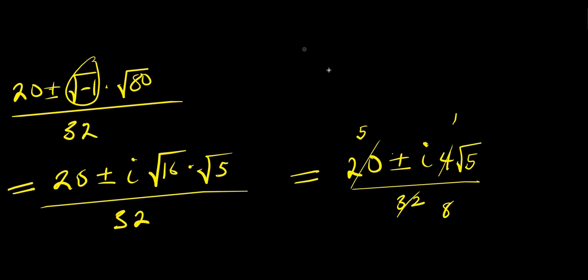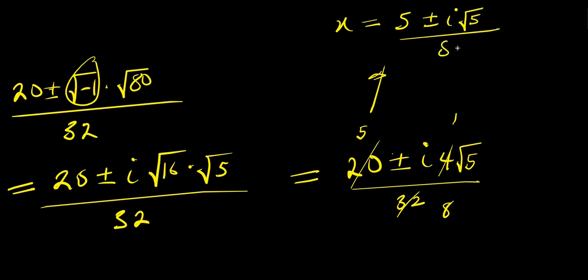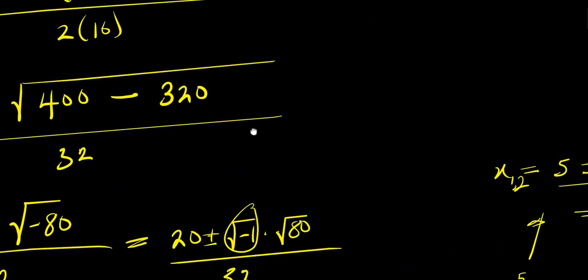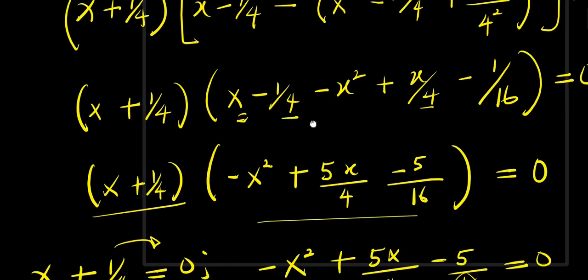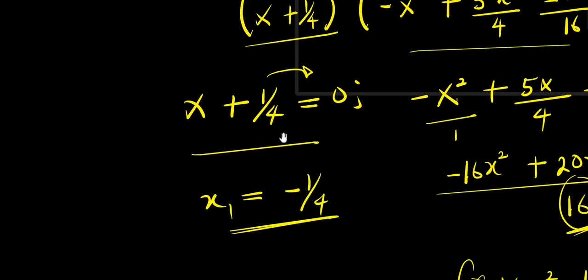So this actually gives us x equals 5 plus or minus i times root 5, divided by 8. So this becomes our answer, x2 and x3, because we have already gotten our x1, which is negative 1 over 4.